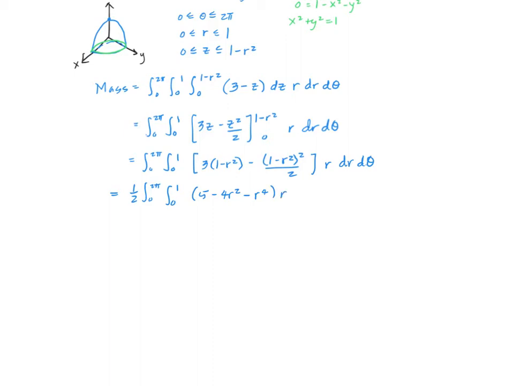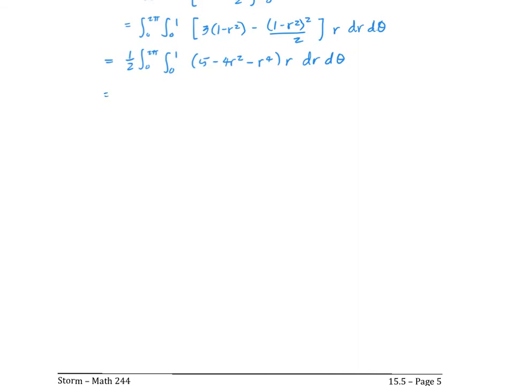But I still have this r on the outside that I forgot to distribute through. Okay, I got 1/2 on the outside that I factored out. 0 to 2 pi, 0 to 1. This becomes 5r minus 4r to the 3rd minus r to the 5th dr d theta. And then now I can go ahead and integrate with respect to r to get 5r squared over 2 minus r to the 4th minus r to the 6 over 6. And these are getting really long.